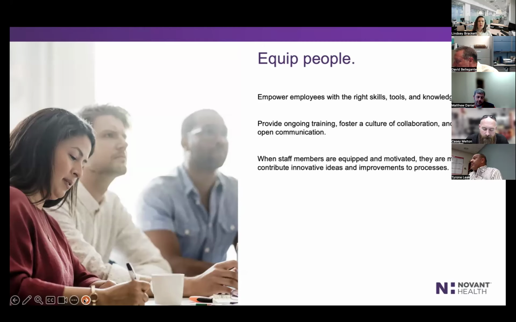Providing ongoing training, we talked about that, fostering a culture of collaboration, and ensuring open communication because we're seeking feedback. We want their ideas, we want their thinking, so that helps us when we dive into troubleshooting and see where we can get the best results. When staff members are equipped and motivated, they are most likely to contribute innovative ideas and improvements to the process.